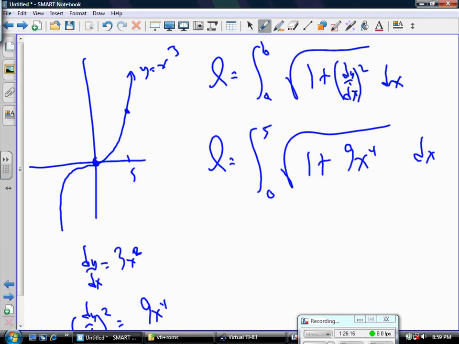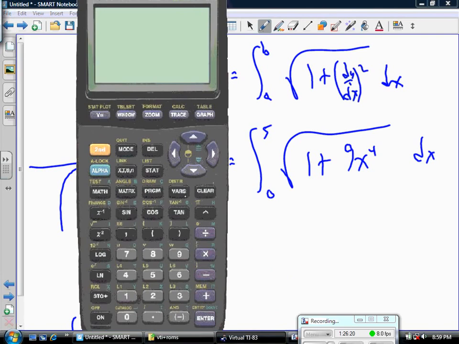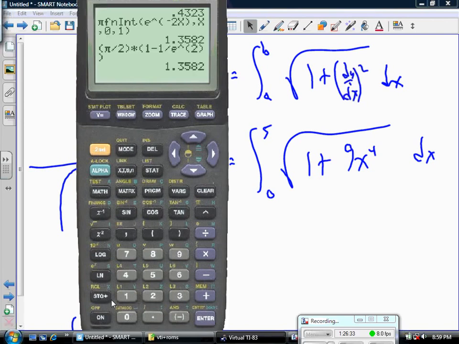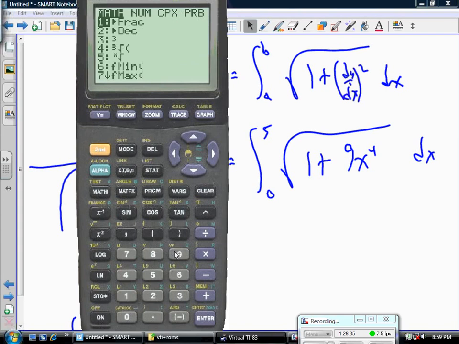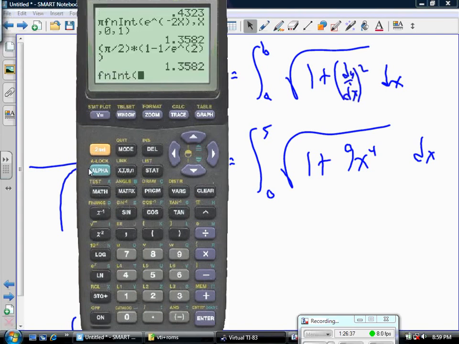Math 9. Okay, so let's drag out math 9. Let's do a math 9 on this mess and get an estimate for the answer. So you do math 9 of the square root of 1 plus 9x to the 4th.